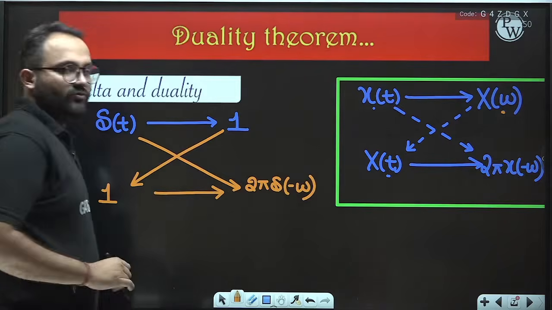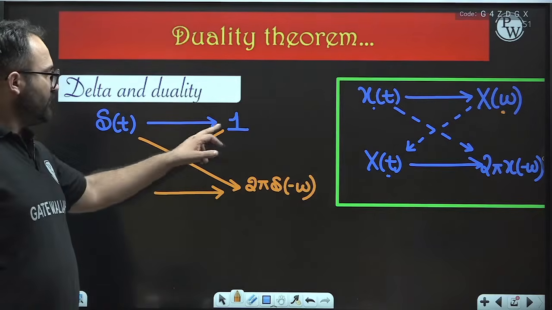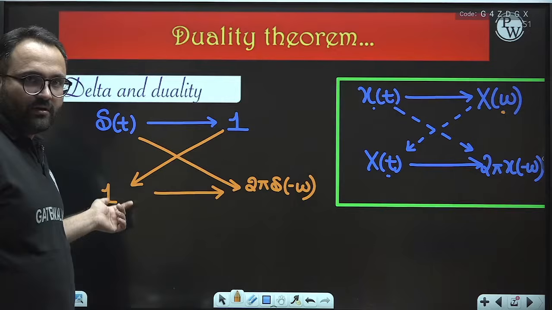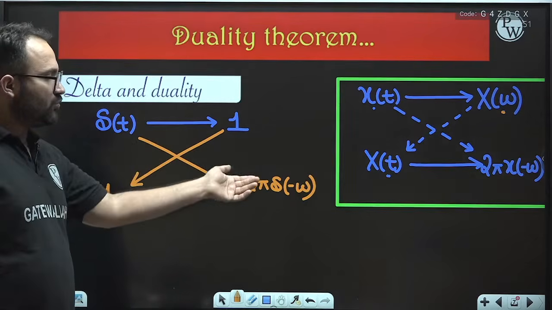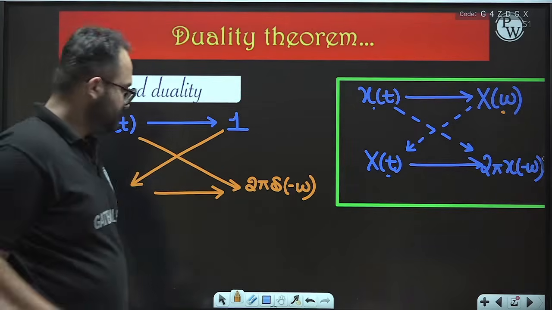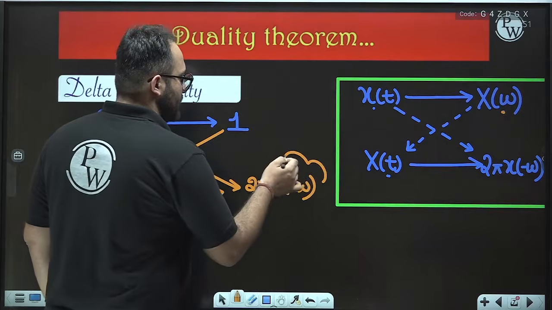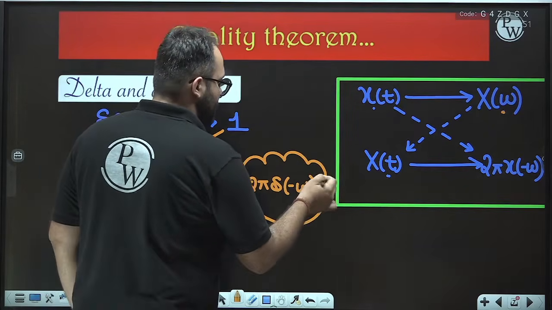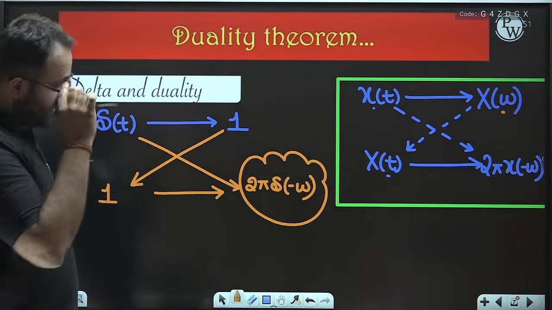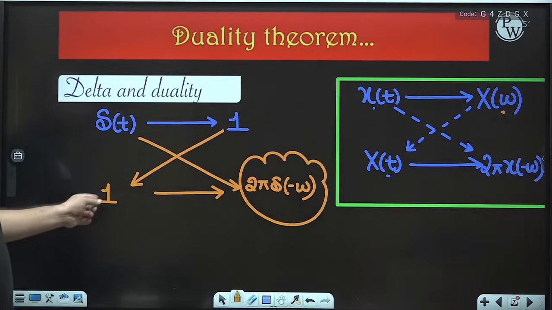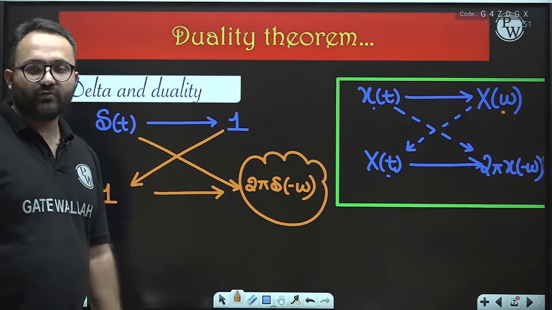So using duality we can say that if 1 is a time domain signal, then 1 has Fourier transform 2 pi del minus omega.